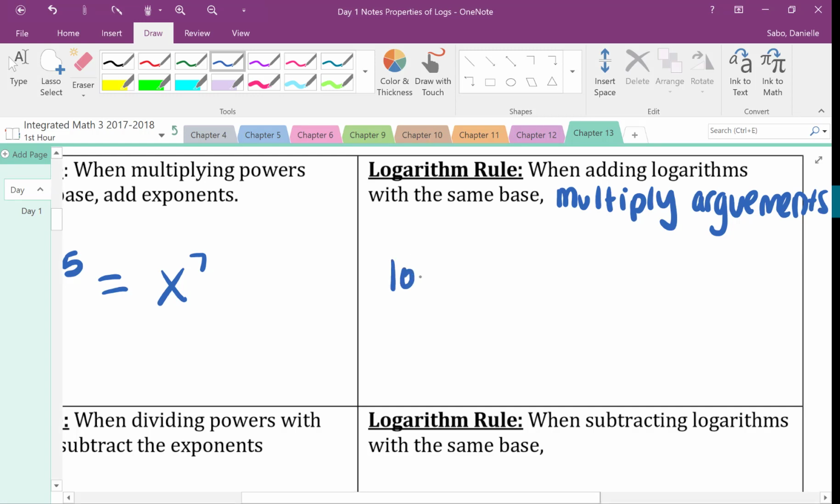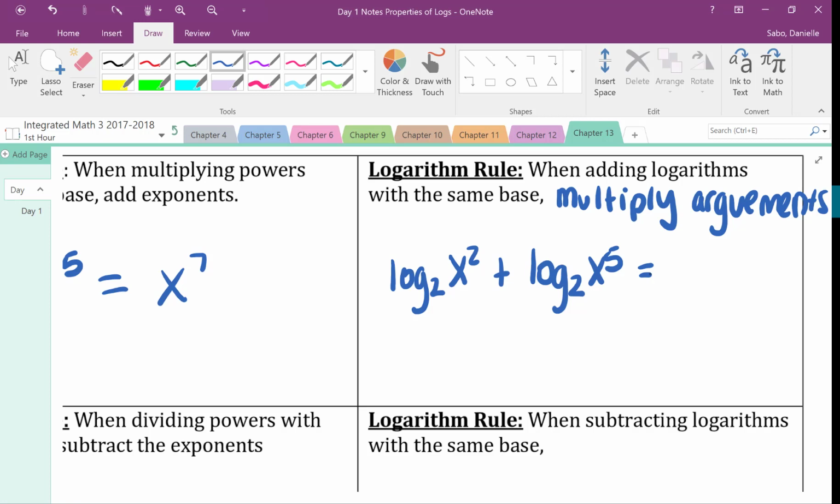So if I had log, we're going to use the same exact form here. If I have log base 2 of x squared, let's say, plus log base 2 of x to the 5th, we're going to multiply them together. Just again using what we know about exponential to now formulate a rule for logs.